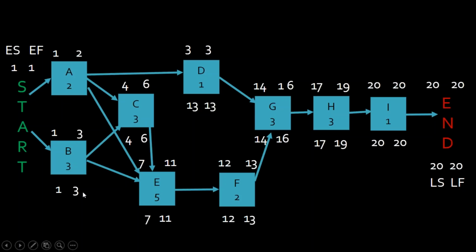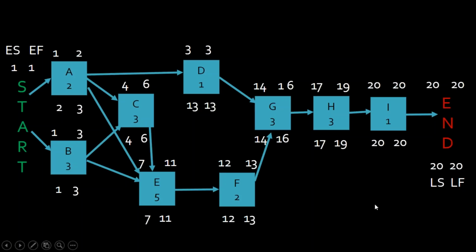I need to finish B on day 3 because C needs it before E does. C needs it now. It can't wait. That is the rule of the dependency. So as you look at dependencies, the late finish of this task is based on the soonest need of it. The dependency that needs it the soonest is when this has to be finished by. Okay? And if you notice, B has no wiggle room. None. I'm going to show you what that means in a minute.